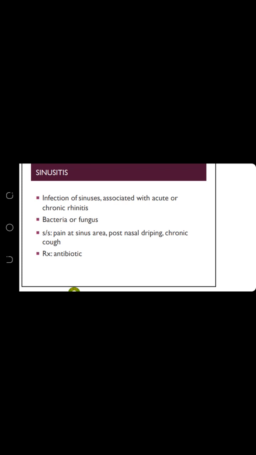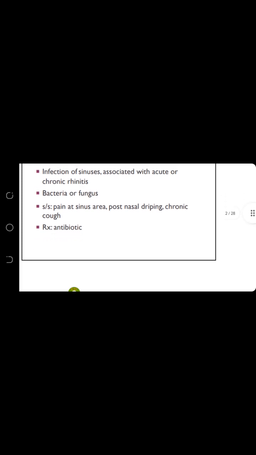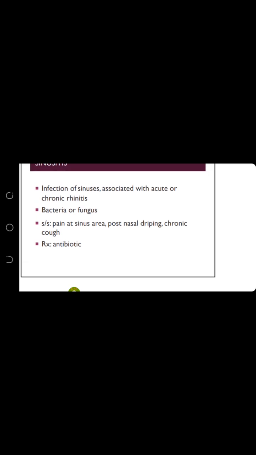For the signs and symptoms, usually a patient experiences pain in the sinus, the opening part of the nostrils. Remember the paranasal sinuses, those sinuses found in the respiratory tract. Then we have nasal dripping, as well as chronic cough.